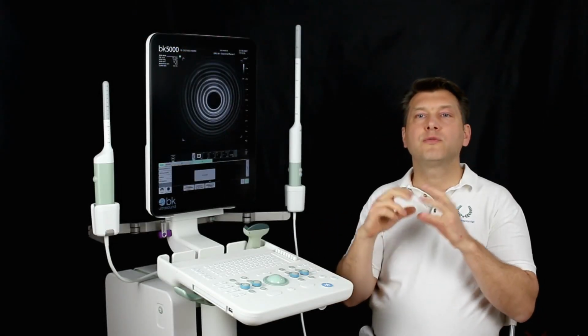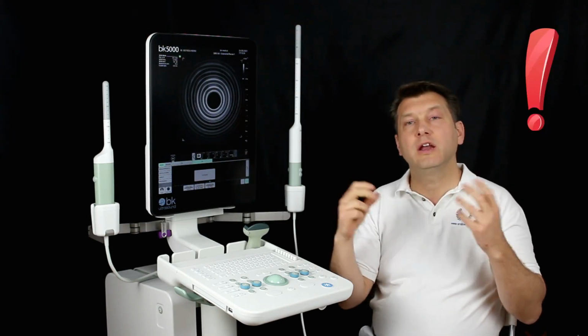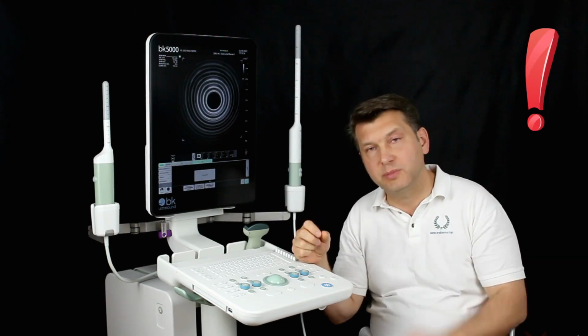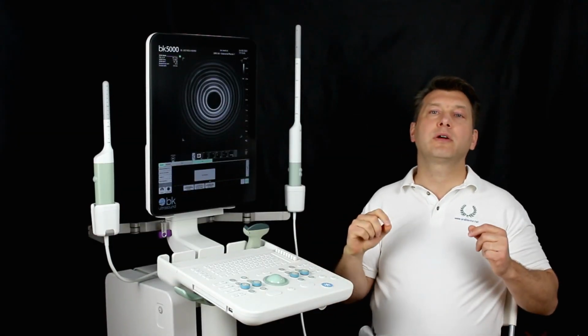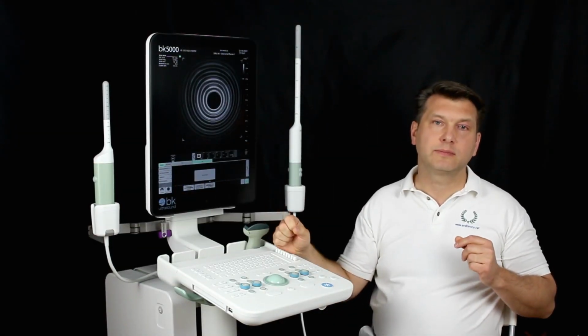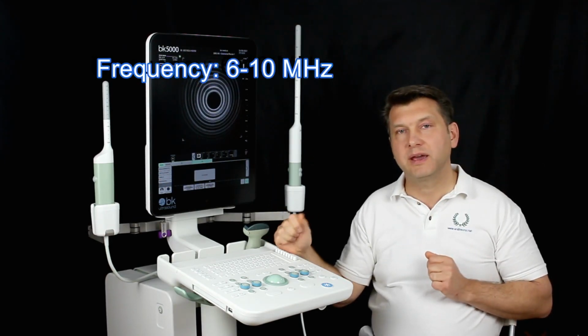If we want to perform, for example, tumor staging, in addition, an overview of the area must be displayed. For such an overview, the following parameters should be selected. Frequency 6 to 10 MHz.